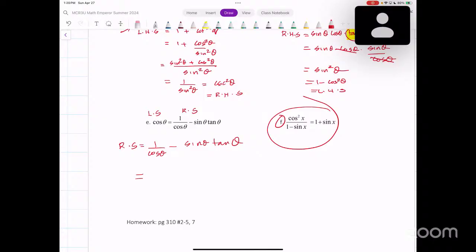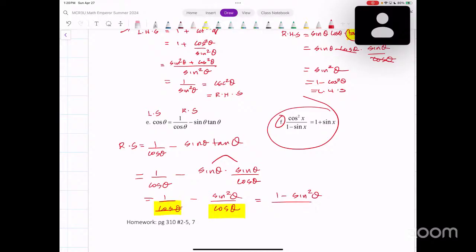All right. So 1 over cos theta minus sine theta times sine theta over cos theta, isn't it? What is sine theta times sine theta? Sine squared theta over cos theta. Good news is we have the same common denominator. So I can combine them: 1 minus sine squared theta over cos theta.